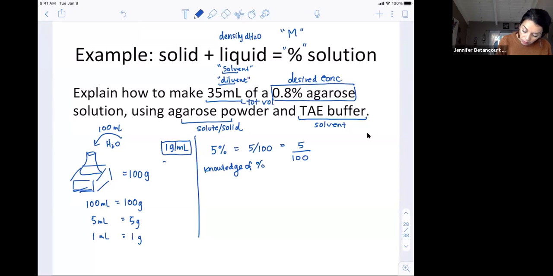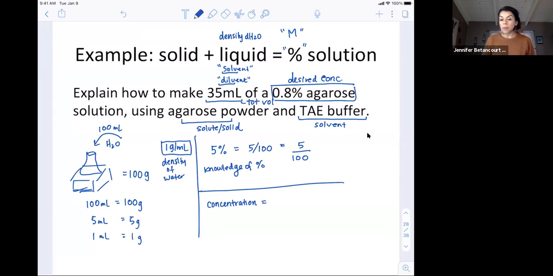This is our knowledge of the density of water. Okay, one more piece of knowledge. Now we need our knowledge of concentration. What is concentration defined as? Only one person knows.